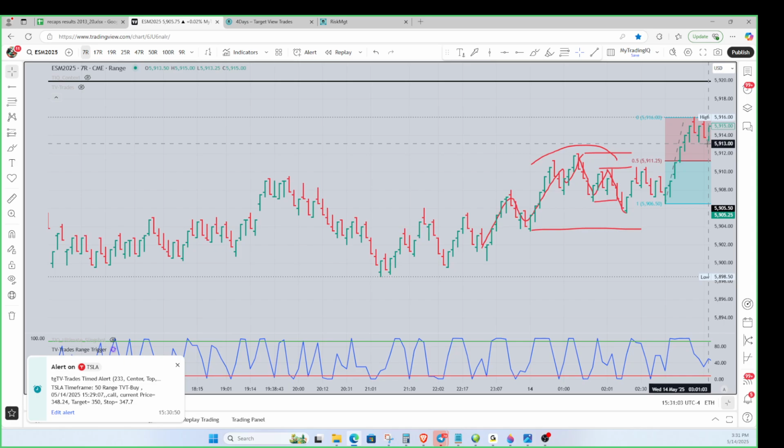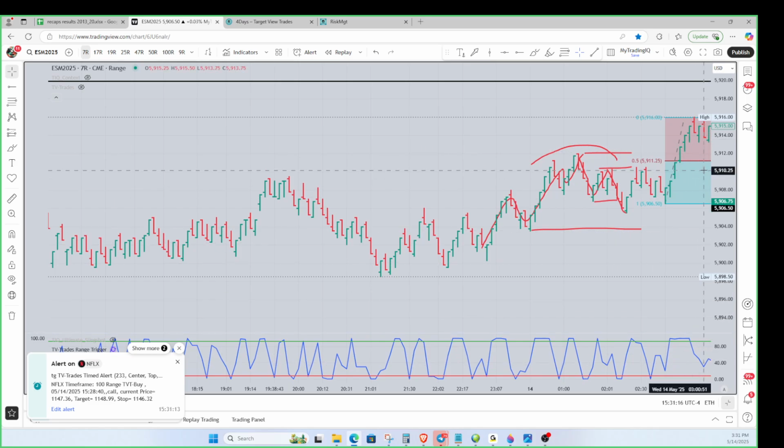If we get a down close and it goes into the oversold, actually, if it gets a down close from here, it's not going to be at the 50% retracement.